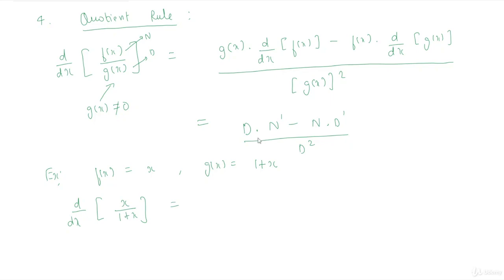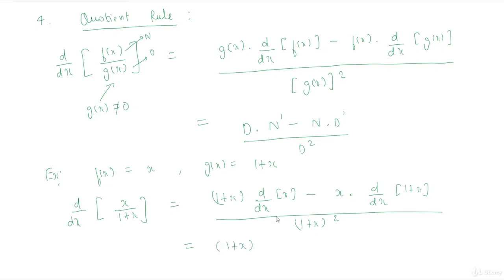So this will be the denominator function, that is 1 plus x, multiplied by the derivative of the numerator function, that is d by dx of x, minus the numerator function, that is x, multiplied by d by dx of the denominator function, and this whole thing is over the denominator function whole squared. So the answer comes as 1 plus x multiplied by, now d by dx of x is 1, so this will be 1 minus x.